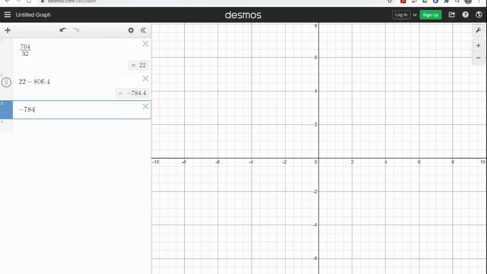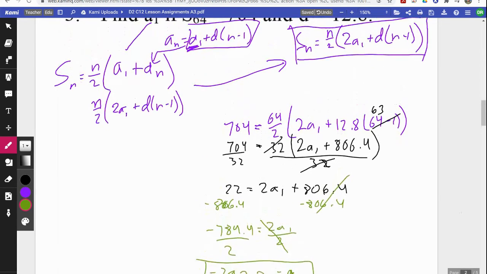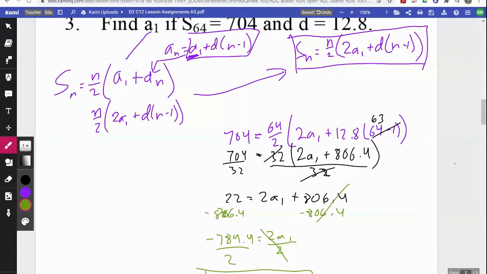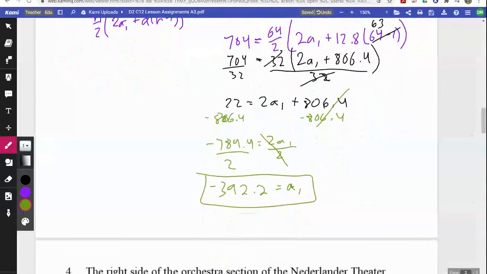Negative 784.4 divided by 2 is negative 392.2. That is a sub 1. So that would be our starting number if we started adding up all the numbers in this sequence from the first term to the 64th term, and we ended up at 704 if the common difference was 12.8. That's what we found.